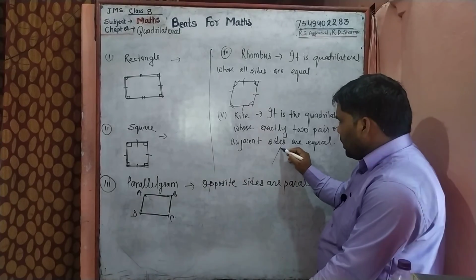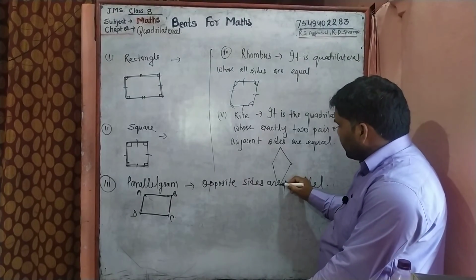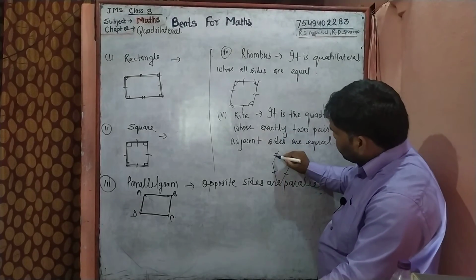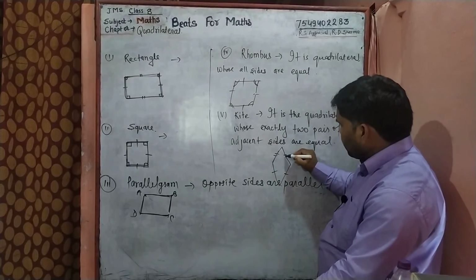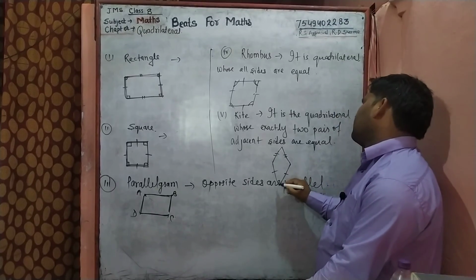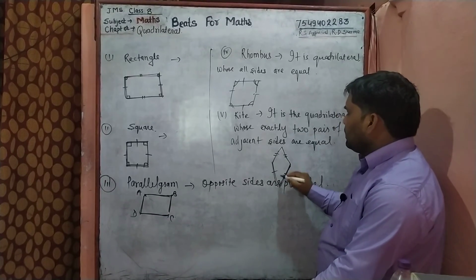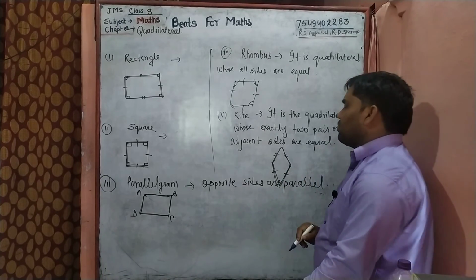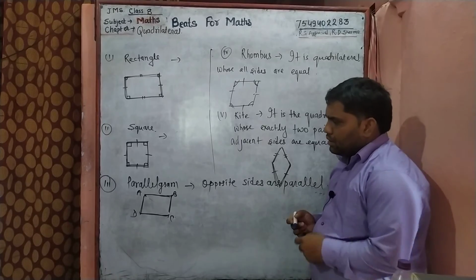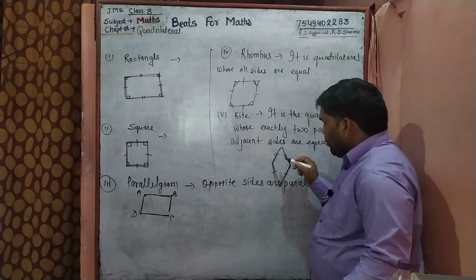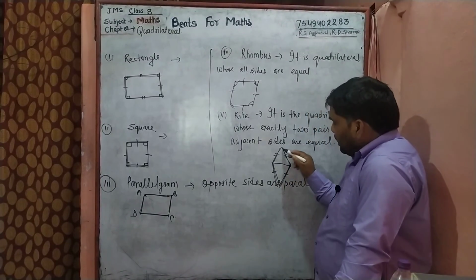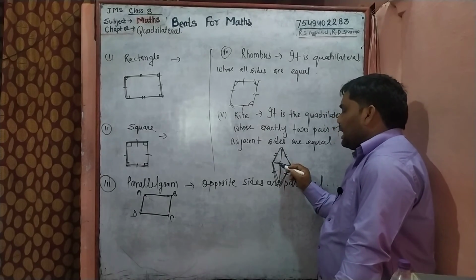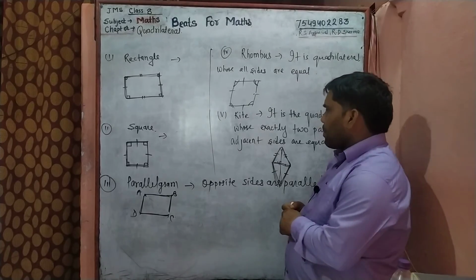You will know kite shapes: this type. These two sides are equal and these two sides are equal. One pair this one, and one pair this one. So in kites, the longer diagonal bisects the shorter diagonal perpendicularly, means at a right angle, and bisects it.